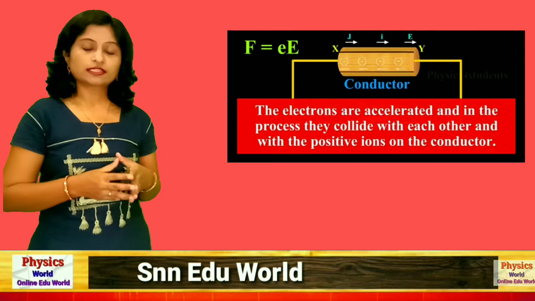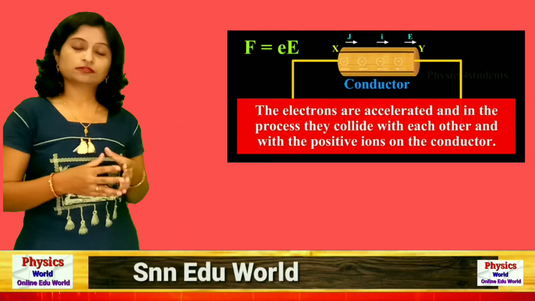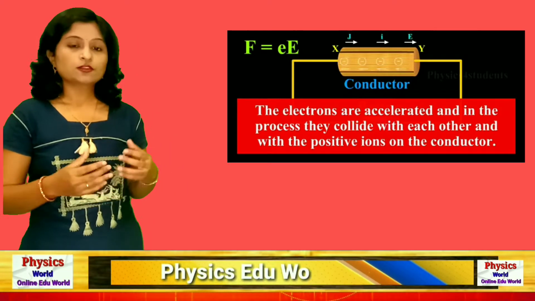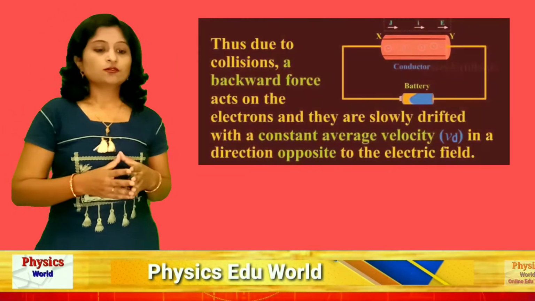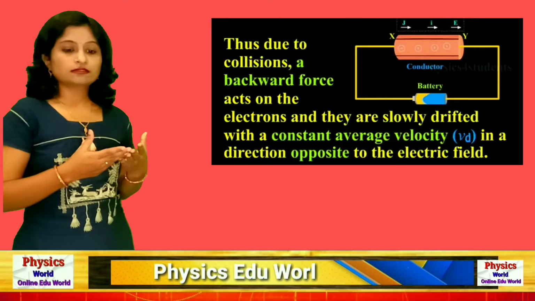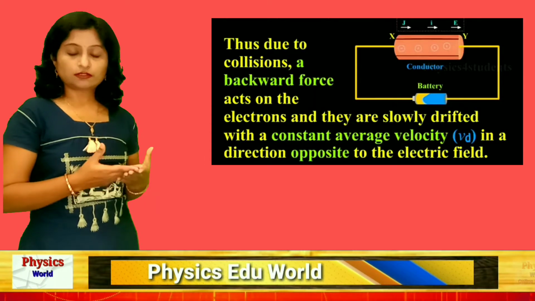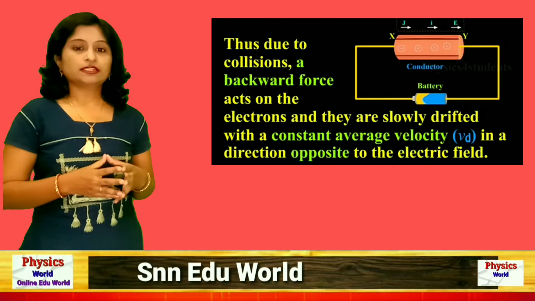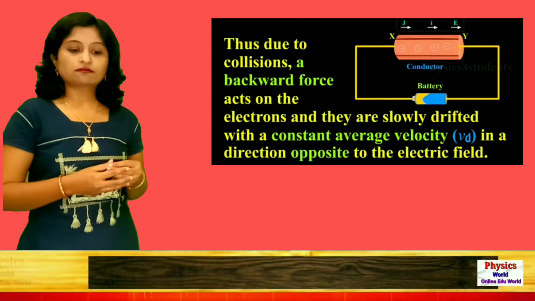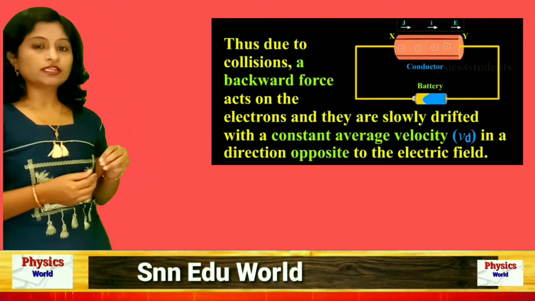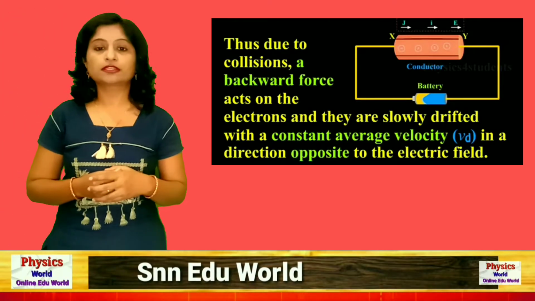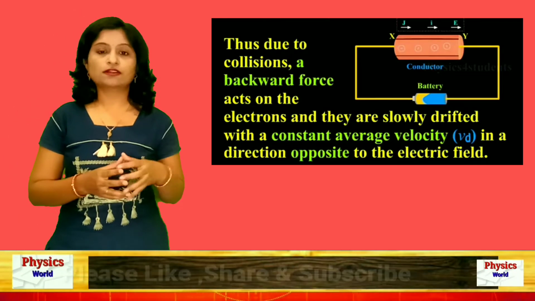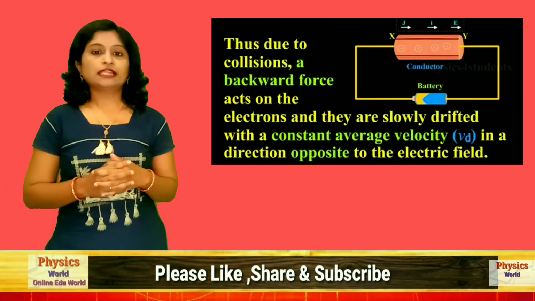They will collide with the positive ions also. So what will happen due to this collision? A backward force will act on the electron, and due to this backward force they are slowly drifted towards the positive terminal of the battery, and this drifted velocity is called the drift velocity of the electron.